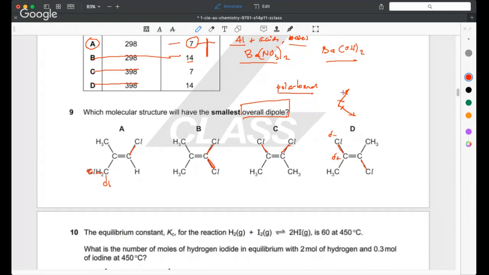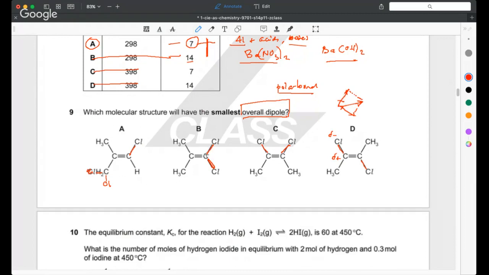Because these are vector quantities, the bond has a direction and one end of it is negative and one end of it is positive, then you can do a little bit of vector addition. And so the overall polarity is the sum, or the vector sum, of those two individual bond polarities.